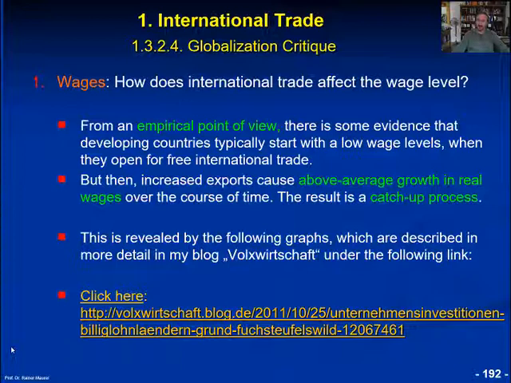This results in a catch-up process. This is revealed by the following graphs. First, for the East Asian tiger states, and then for the East European transformation countries.